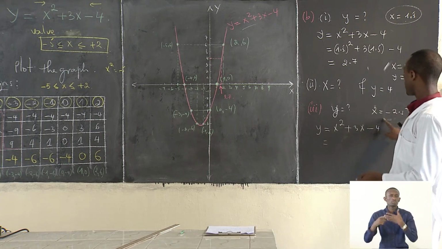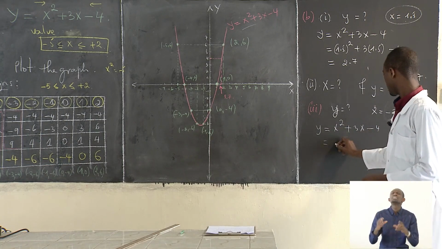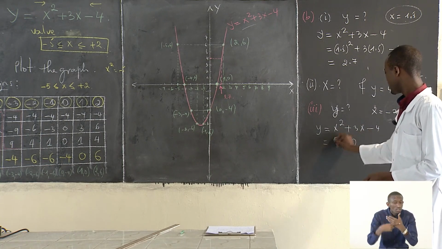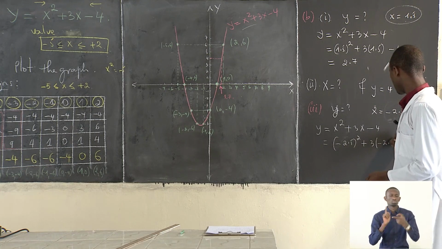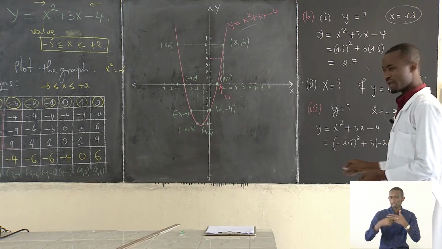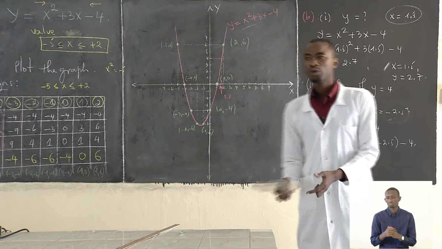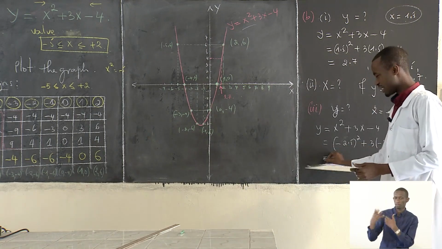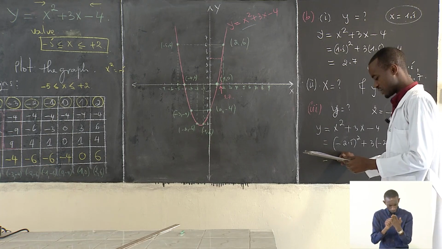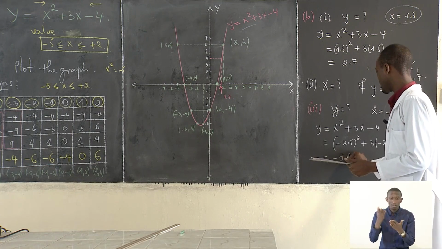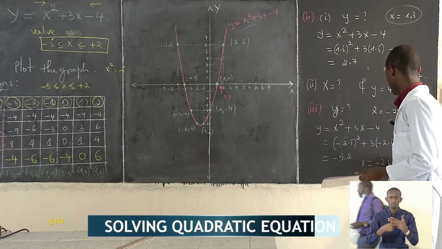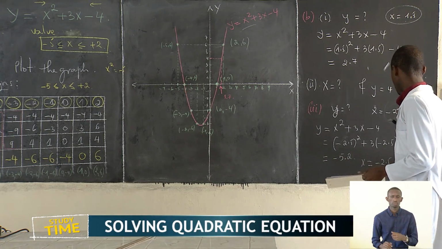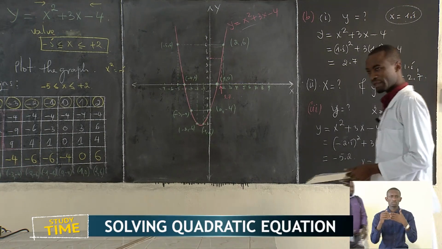And here it's the whole number. It is negative 2.5, then squared, plus 3 times negative 2.5, minus 4. When you use a calculator, you will get the value of y equals negative 5.2. In case x equals negative 2.5, y will be negative 5.2.